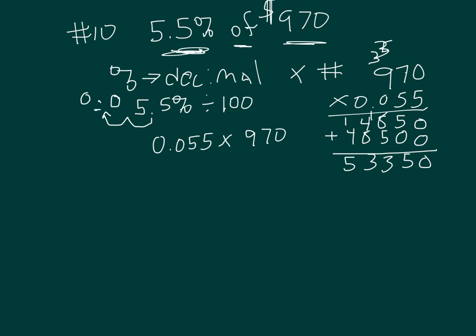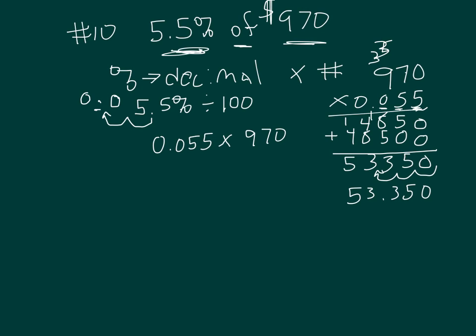Going back to the multiplying, I see 1, 2, 3 decimal places in our multiplying problem. So I need to move the decimal point over 1, 2, 3 in our answer, which gives me 53.350. Now, I would accept this as an answer, but there would be an issue with it on this one.